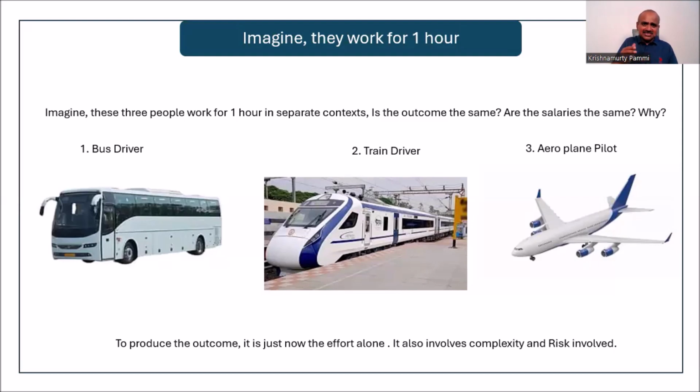They trust this driver for that night or that journey, and they sleep comfortably. And he has to perform his task well. So risk is extremely high in the case of a train pilot compared to a bus driver.